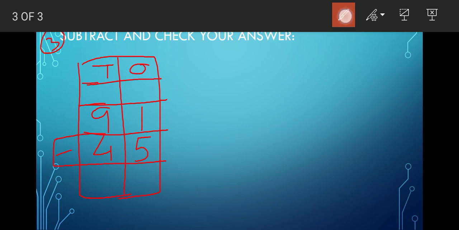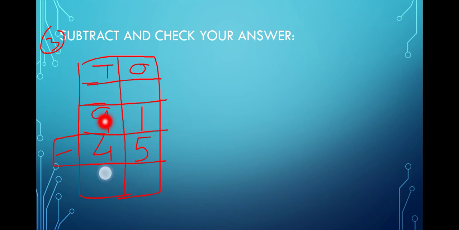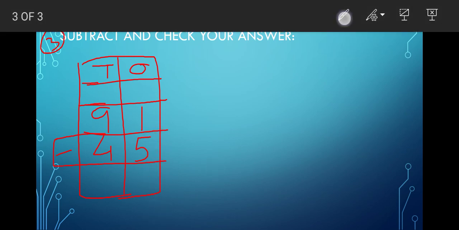So here you have to understand that 91 is the biggest number, okay, bigger number, and 45 is the smaller number. And when we are doing the subtraction, we are getting the difference, okay, difference of the greater number and the smaller number. So let us find out the difference first. Okay, so here also we have to do the regrouping.